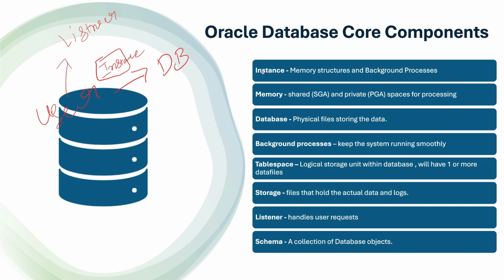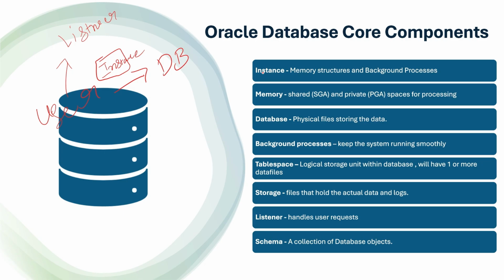And schema. Schema is a collection of database objects. It could be tables, indexes, synonyms, triggers, anything. A collection of database objects is a schema in the Oracle database.